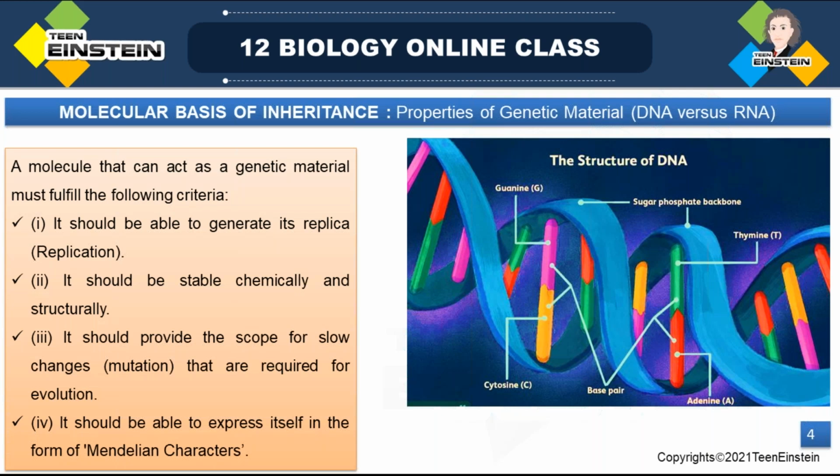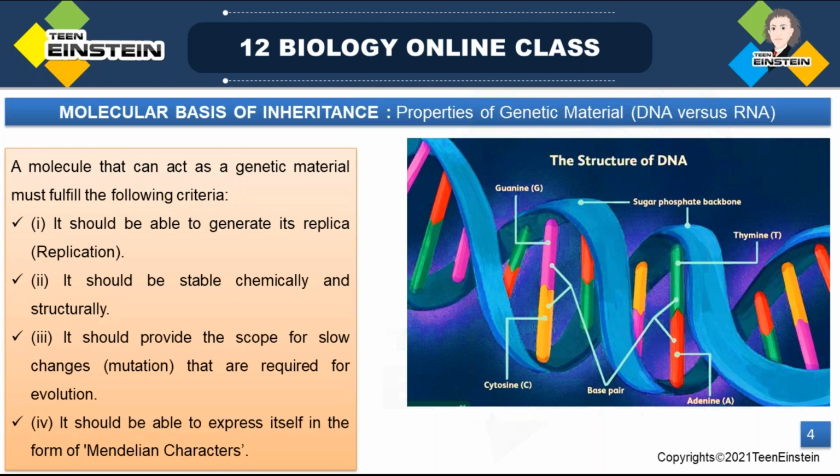But other molecules, like protein, don't have this function or this character. Molecules in the living system like protein are not fulfilling this criterion. Only DNA and RNA can act as genetic material, because they fulfill some characters. What are they?